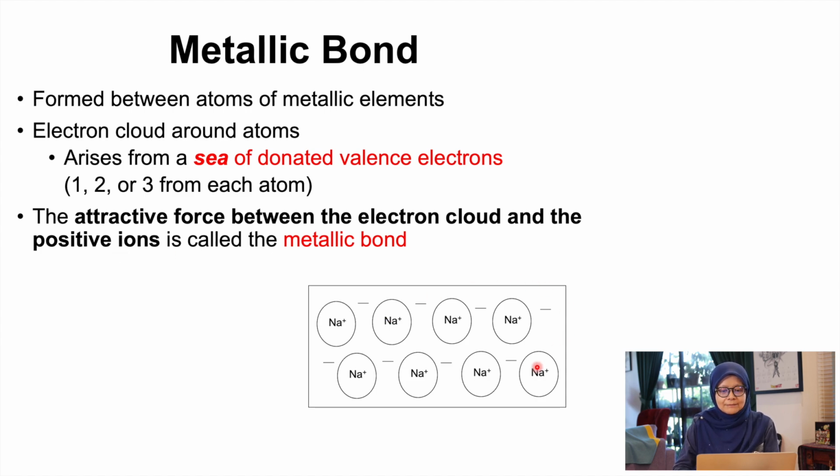This diagram shows sodium, with its positive ions and delocalized electrons. The attraction between the positive ions and the valence electrons forms the metallic bond.